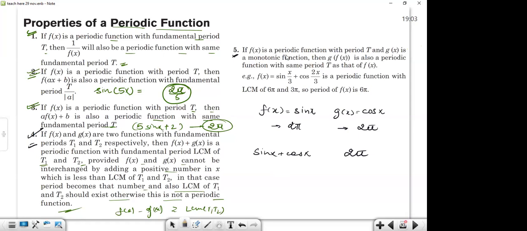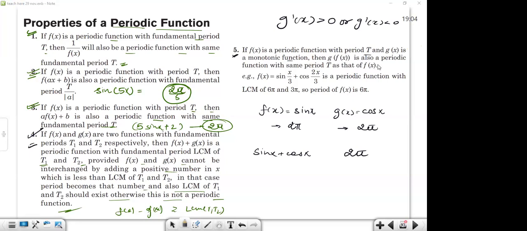Fifth point. If f of x is a periodic function with period t and g of x is a monotonic function, meaning a strictly increasing or decreasing function, so g dash of x should keep the same sign for the whole x domain, then it will be declared as a monotonic function.